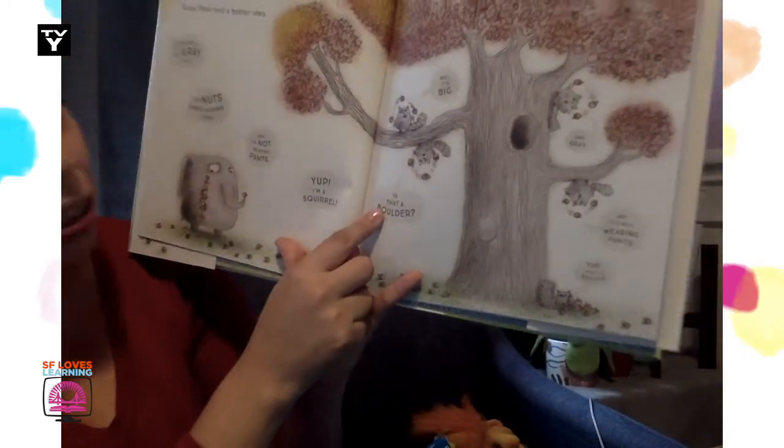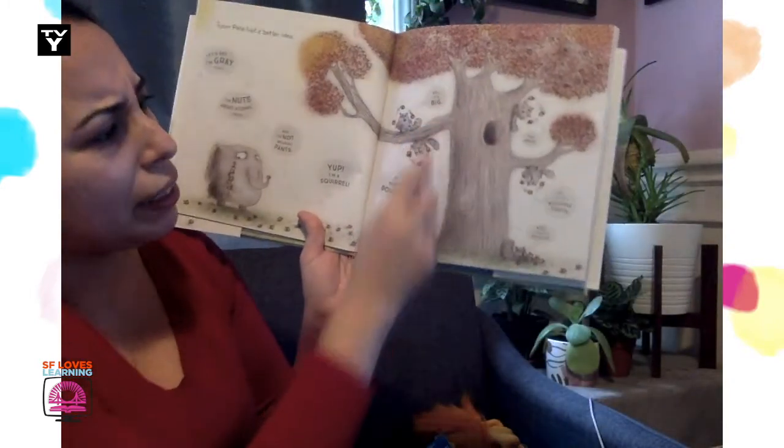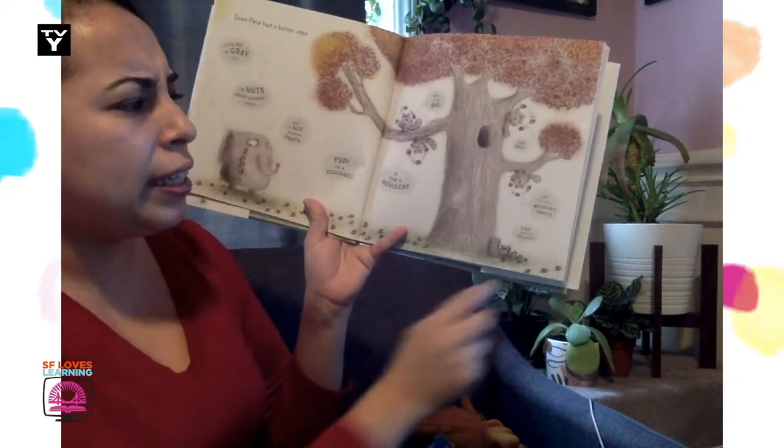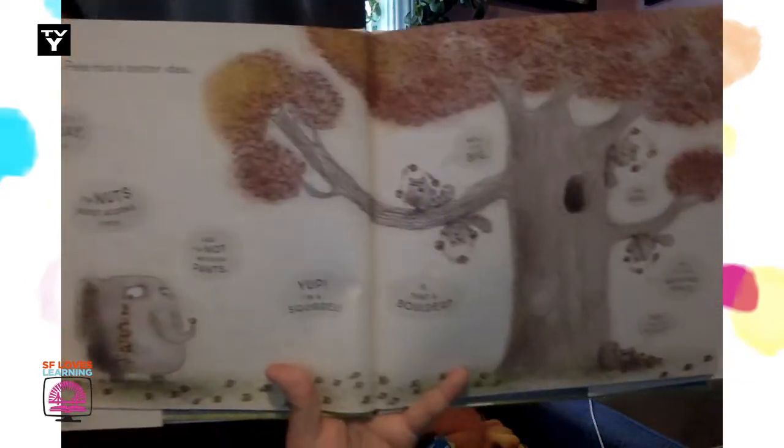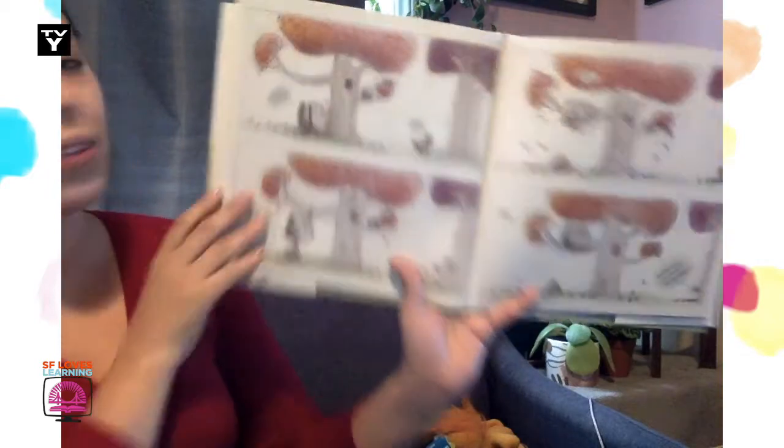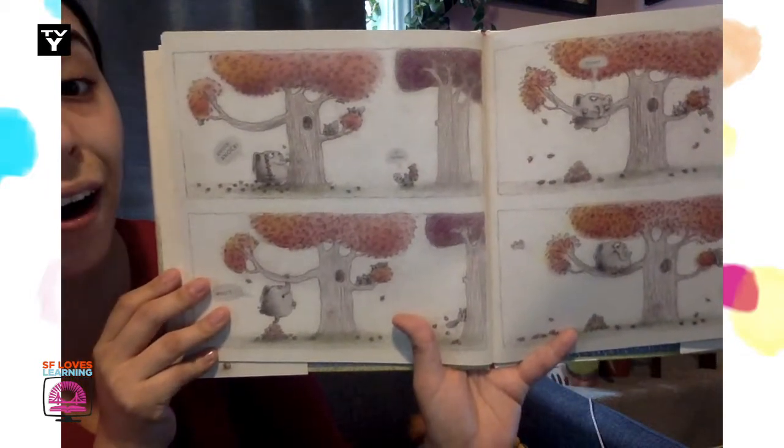Oh, and now the squirrels in the trees have something to say. Is that a boulder? Well, it's big and gray, and it's not wearing pants. Yep, that's a boulder. Knock, knock.